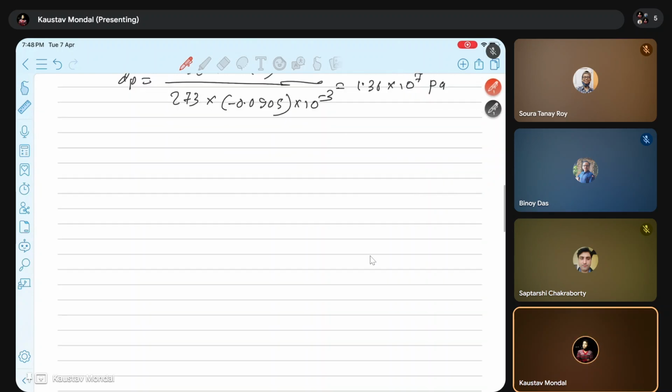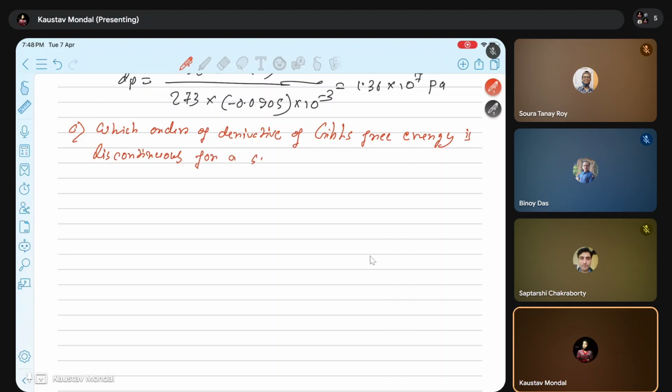Next question is, which order of derivative of Gibbs free energy is basically discontinuous for a second order phase transition?